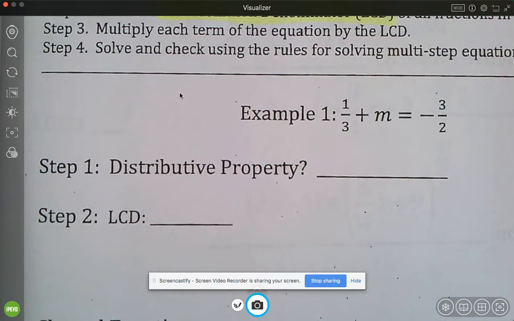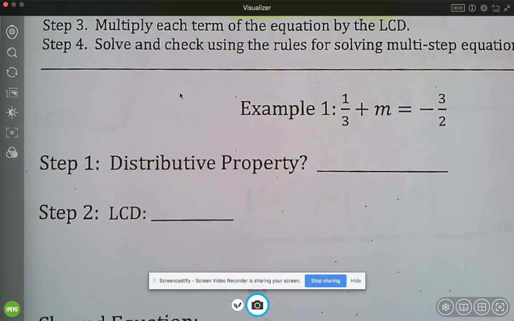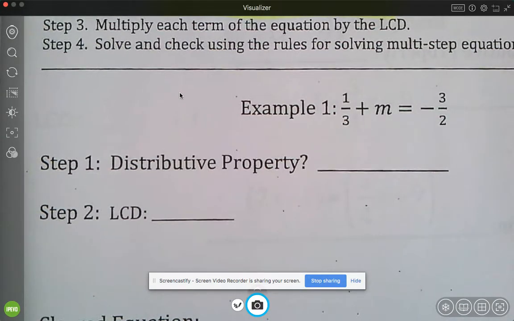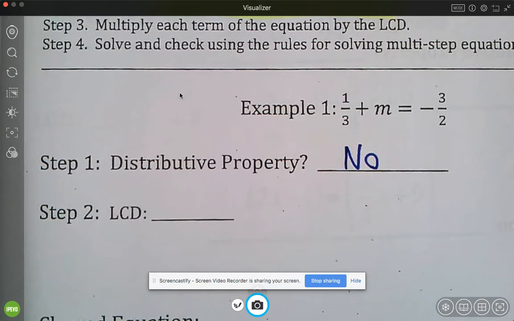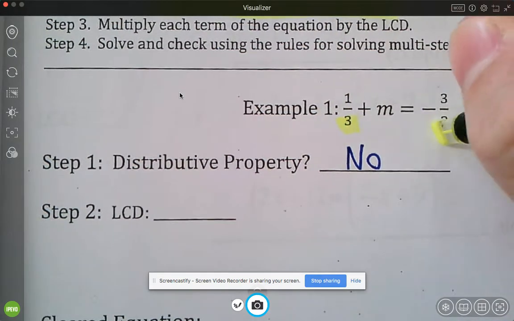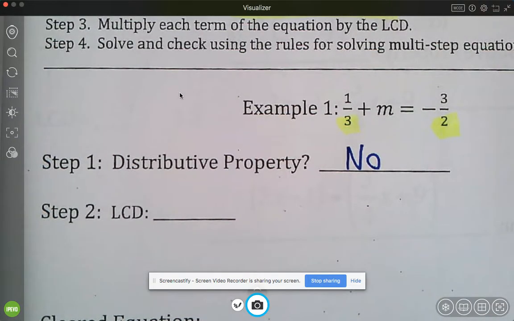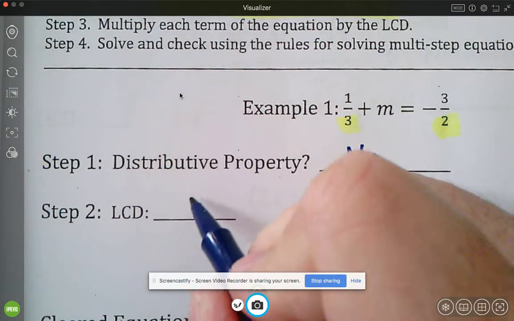So in this first example, number 1, raise your hand. Is there any distributive property? No. So we need to look for the LCD. What's the least common denominator that 3 and 2 go into? Hopefully you said 6.